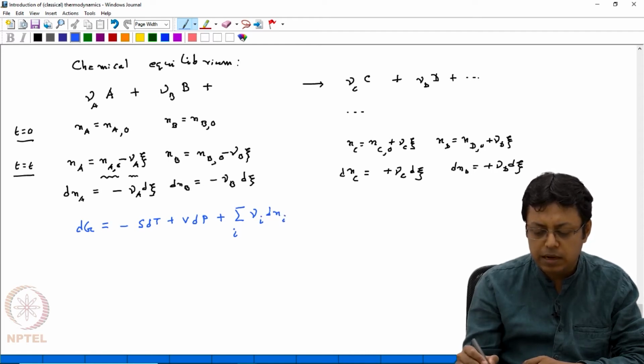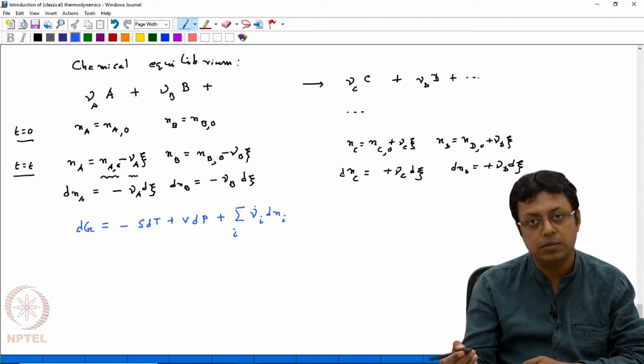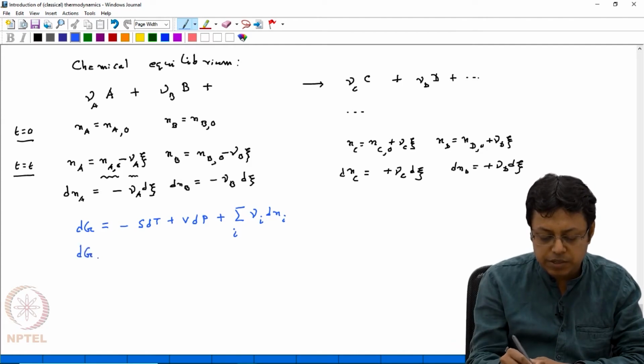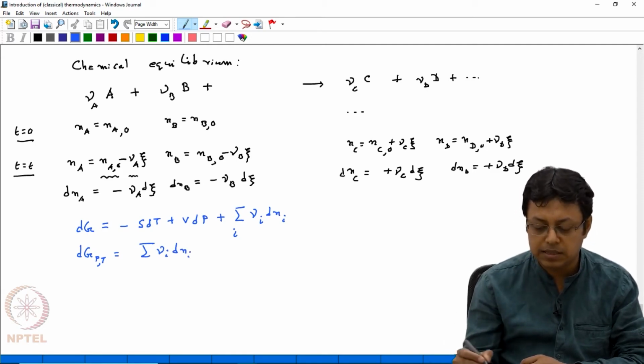Now the way I have written it here, for A and B I have to write minus, because I have to include the negative sign in the stoichiometry. So at constant pressure and temperature, it is just the sum of mu I dNi, and we can now express it in terms of d xi.